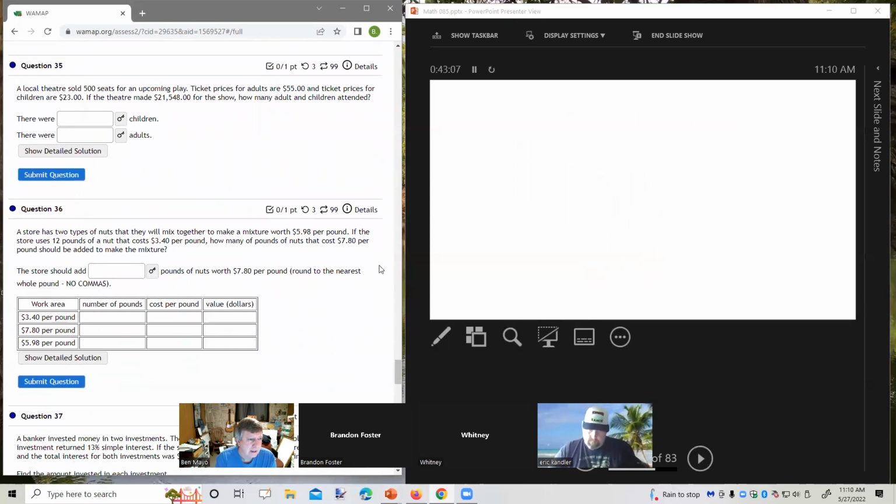35. A local theater sold 500 seats for an upcoming play. Ticket prices for adults are $55 and ticket prices for children are $23.